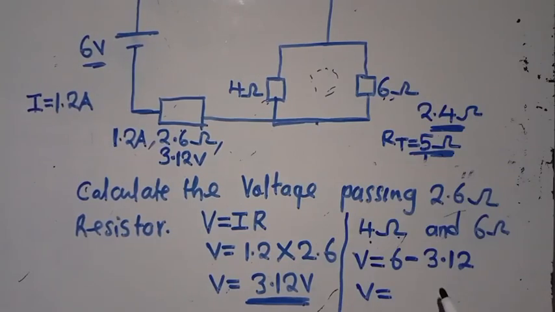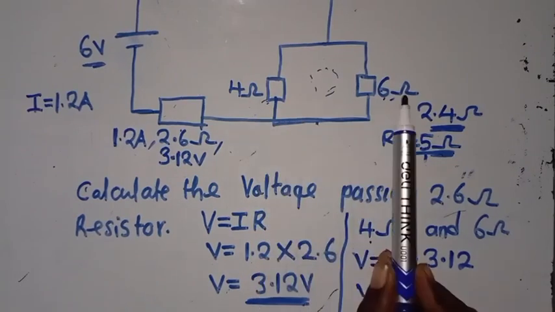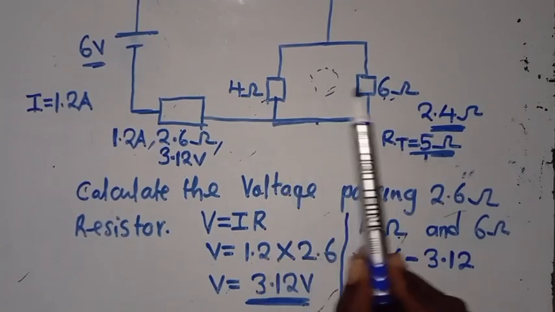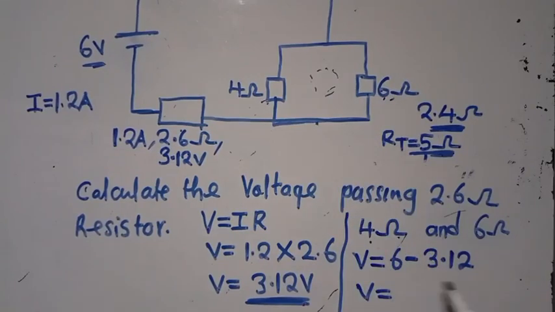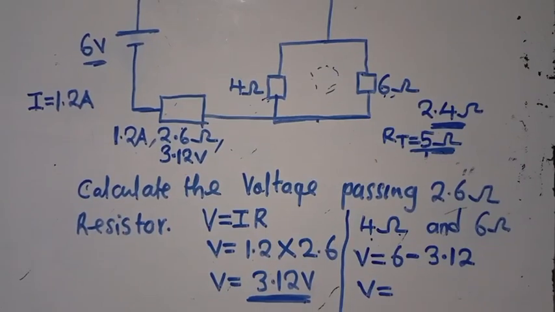The answer that we are going to get is the same voltage that is passing through the 4 ohm and 6 ohm resistors, because the voltage there is the same. So when we subtract, 6 minus 3.12, we get 2.88 volts.